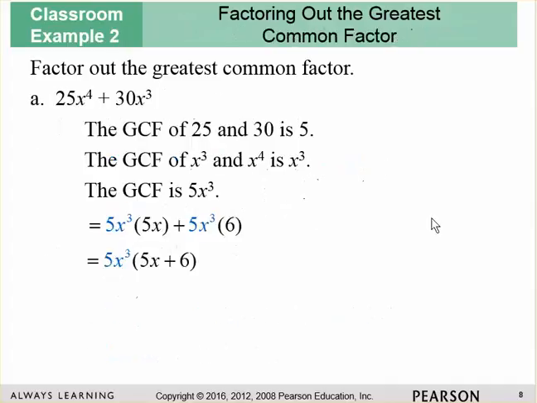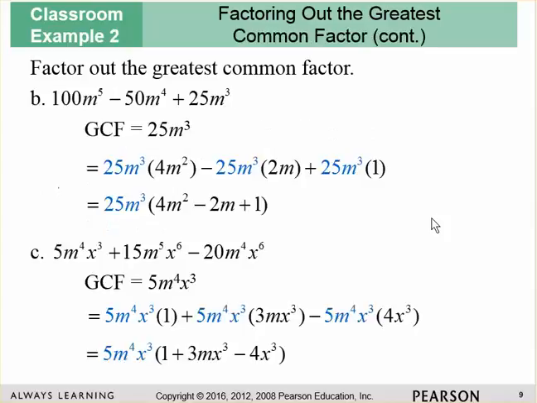And last example, right there, last example, we can have more than one variable, so it can get pretty sticky. Here we've got coefficient-wise 5, 15, negative 20, so the largest of the coefficients is going to be 5.